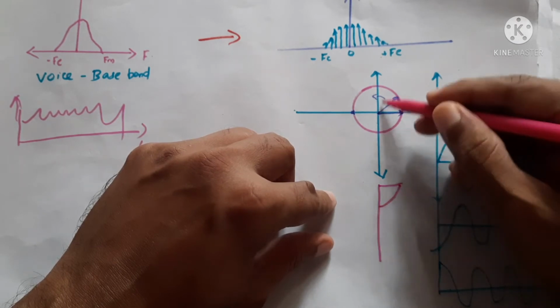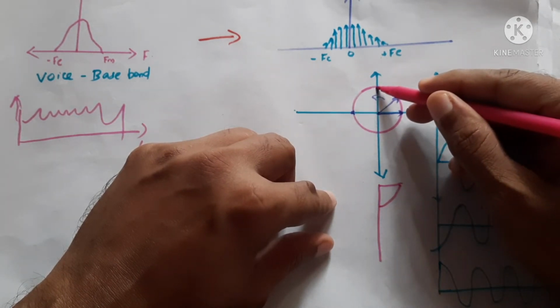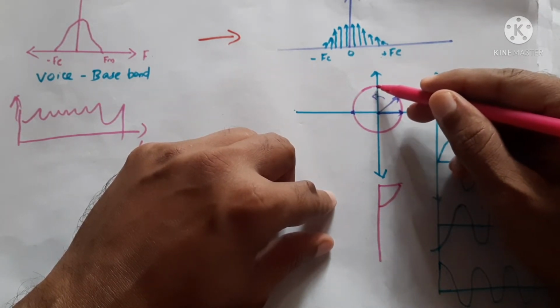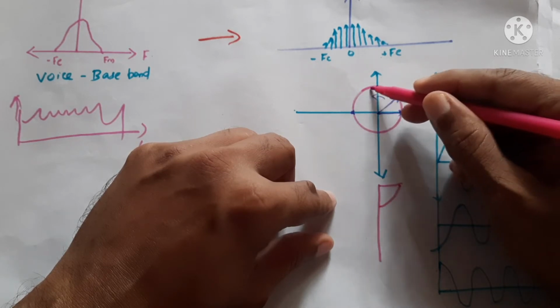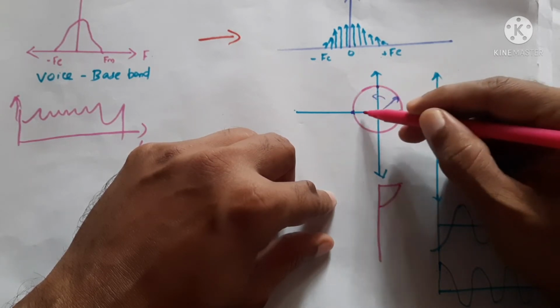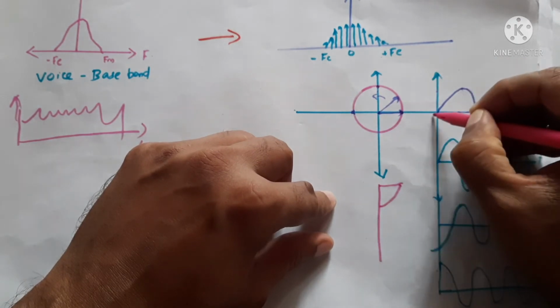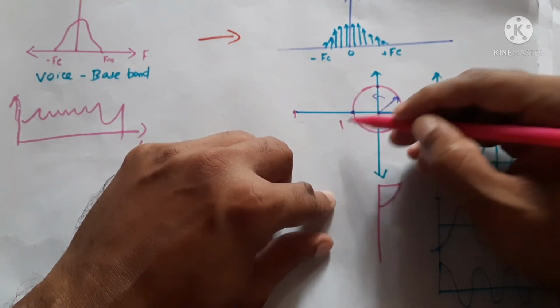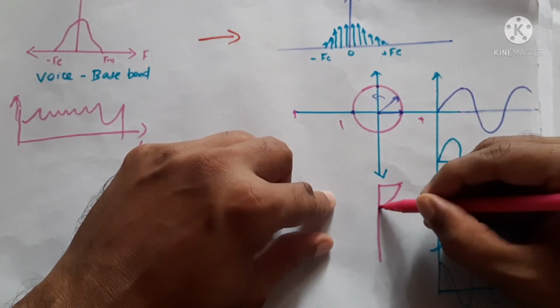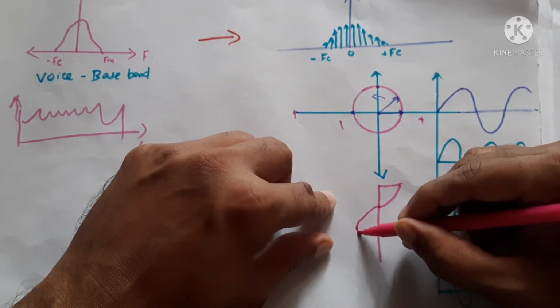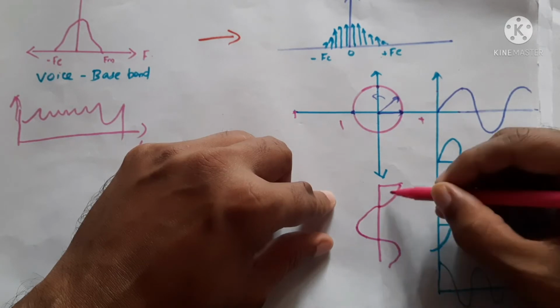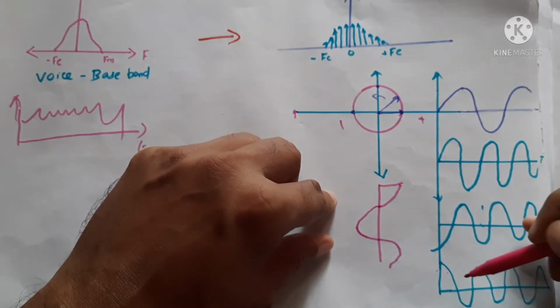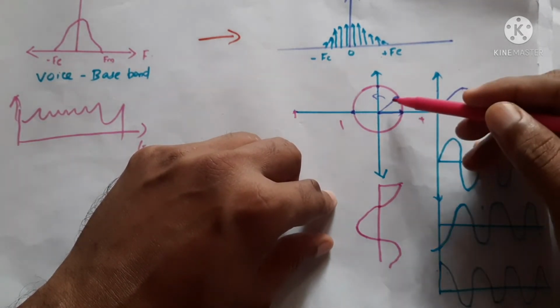After this time, the value is negative. As we know, this is the plus side and this is the minus side, and after this the value becomes negative. So this is how this cosine wave is.